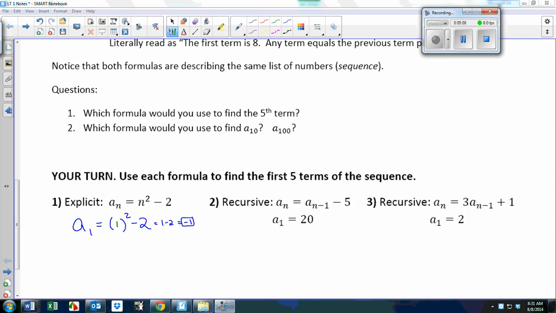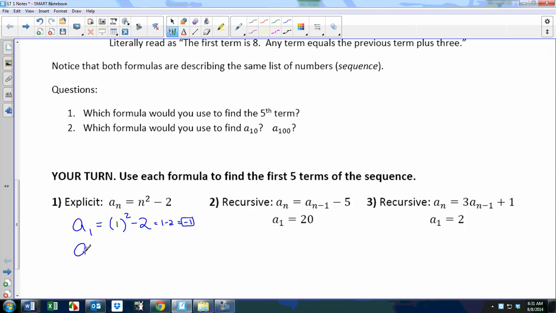All right, as you can see on the screen, we talked through a sub 1, the first term in number 1. So let's talk about a sub 2, the second term. If we were trying to find the second term, we would still use the formula, square it and subtract 2, and just put a 2 in the spot for n. So square the 2, that's a 4. Subtract 2, end up with 2.